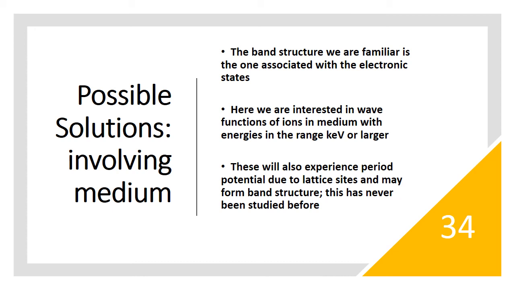The band structure that we are familiar with is the one associated with electronic states. Here we are not talking about that. We are interested in the wave functions of ions in the medium, with energies in the range keV or higher. We expect that these will also experience periodic potential due to the lattice and may form band structure.